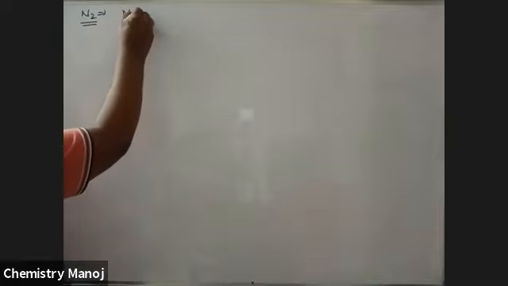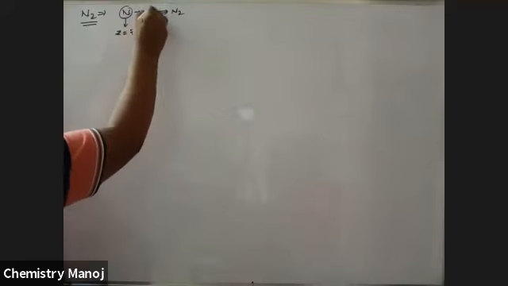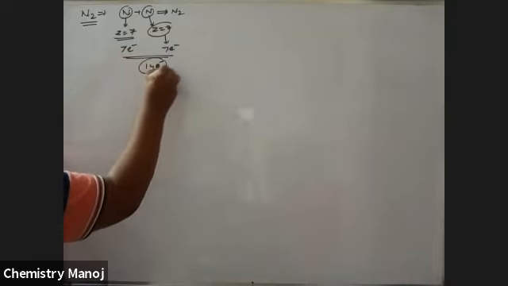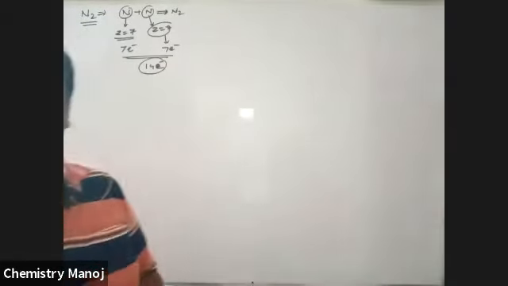Nitrogen combined with nitrogen gives an N2 molecule. Nitrogen's Z value is 7, which means it contains 7 electrons. The other one also has 7 electrons. Altogether, it's a 14 electron system.